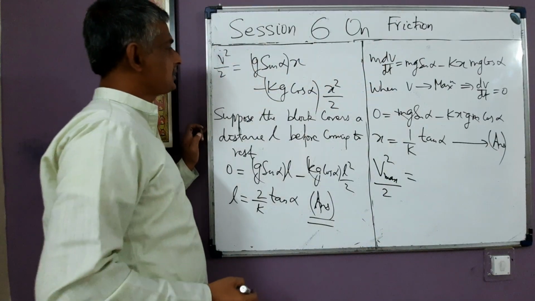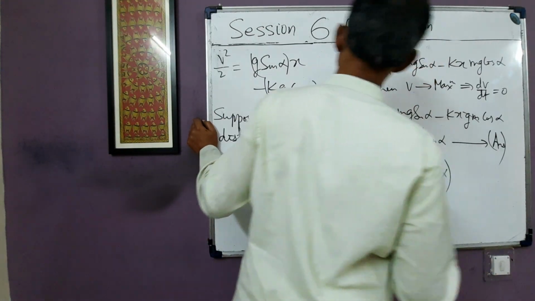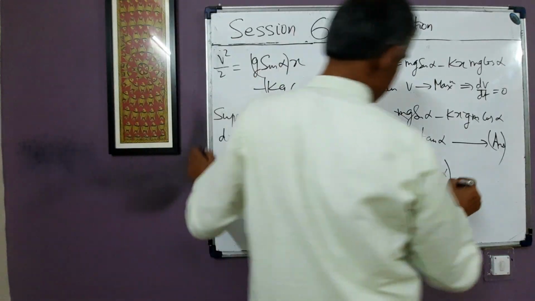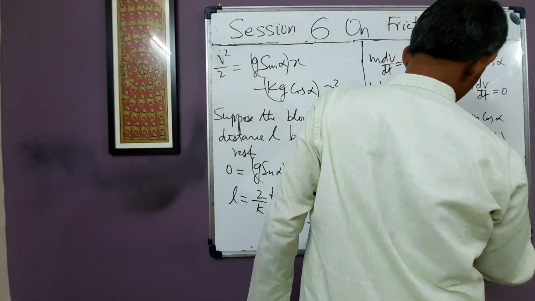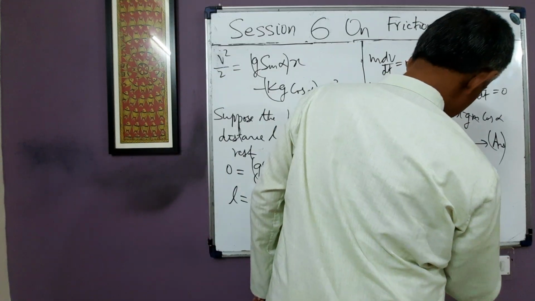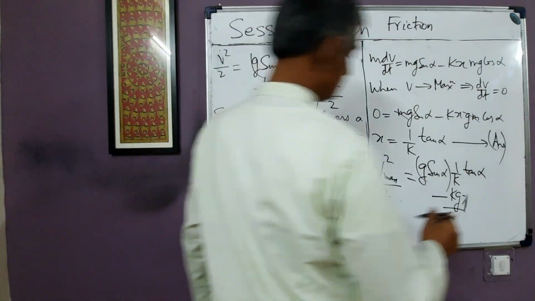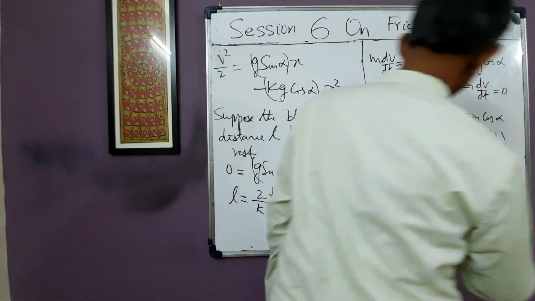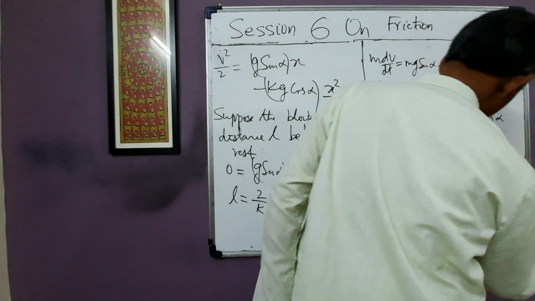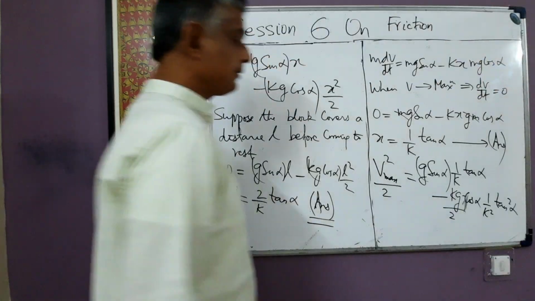V max square is just equal to g sin alpha into x, where x is 1 by k tan alpha, minus kg by 2 into cos alpha into x square, that is 1 by k square tan square alpha.